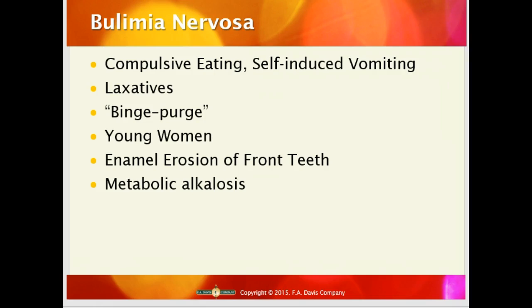They have enamel erosion of their front teeth and staining from the acid of vomiting. Fluid and electrolyte imbalances, dehydration, metabolic alkalosis as gastric acid in the stomach is lost, hypokalemia and hypocalcemia, and they use laxatives to make sure that they have regular bowel movements. This helps them to maintain weight loss.